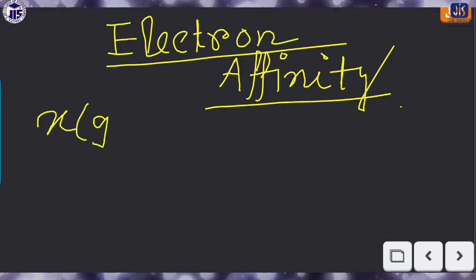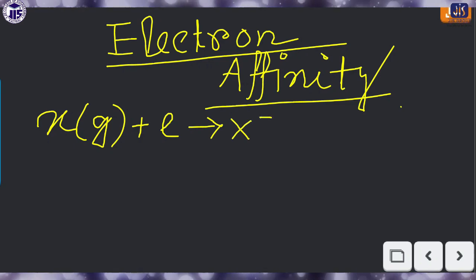This is the isolated gaseous atom. When we add one extra electron, one X minus ion will be produced in gaseous state, plus energy.